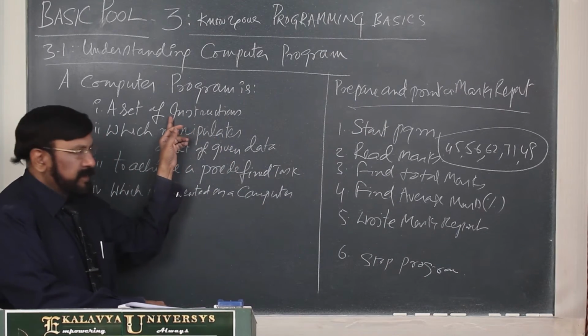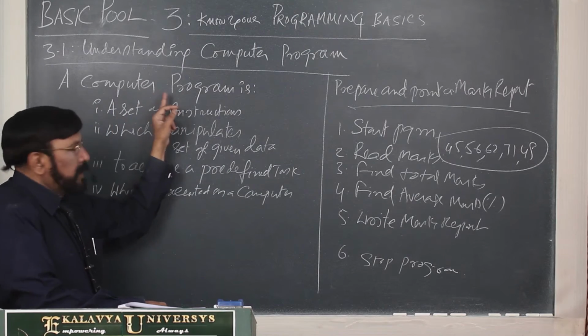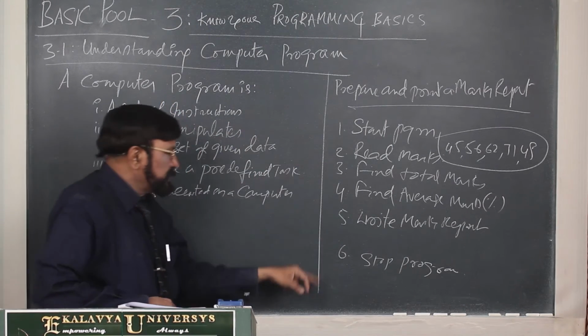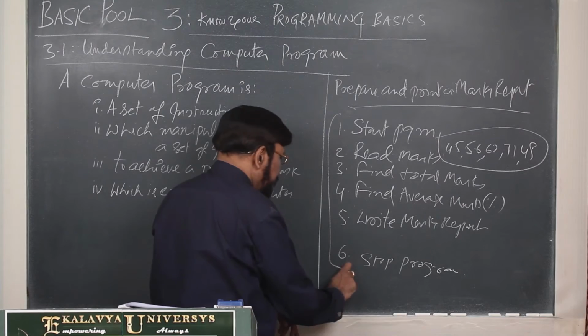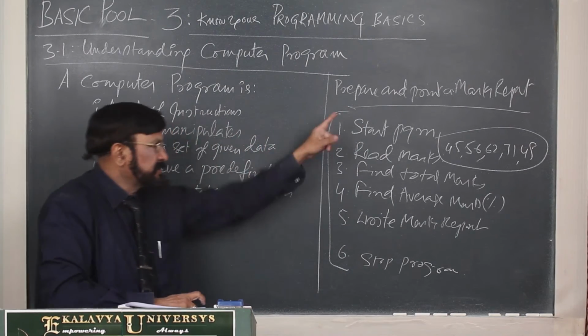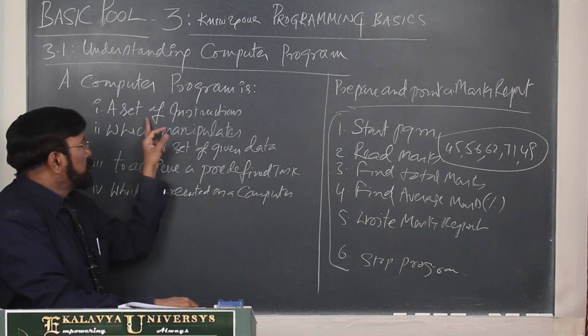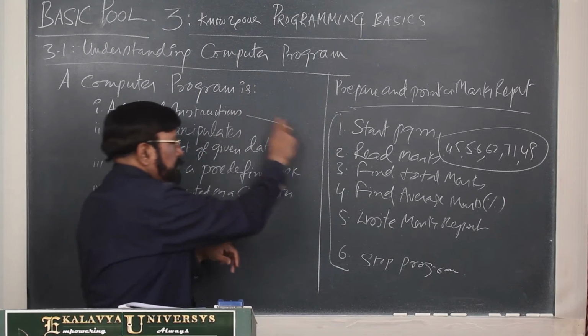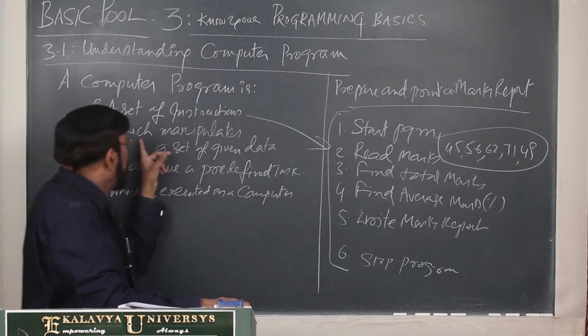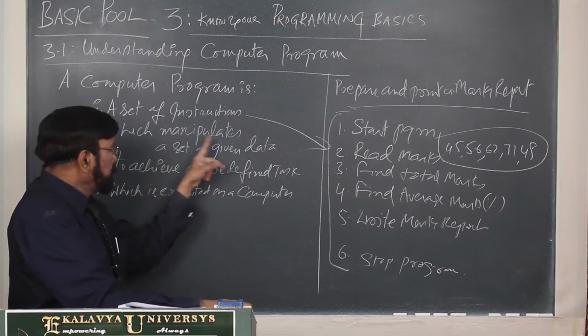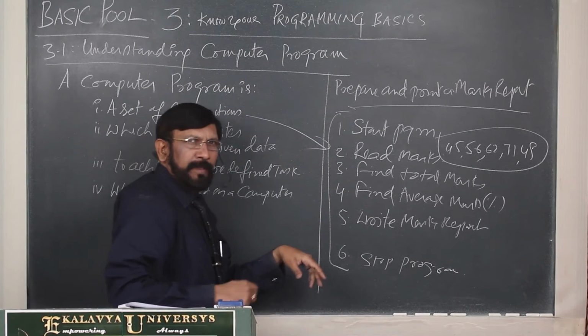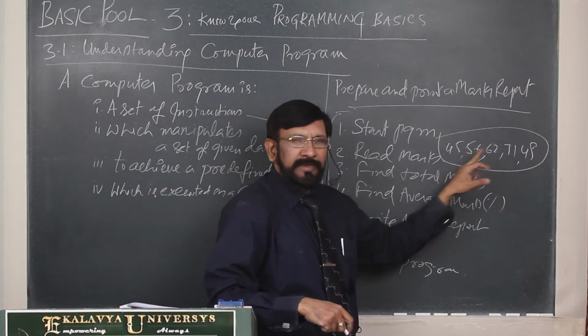Now let us analyze the steps again. And a computer program is set of instructions. How many instructions are there? There are 6 instructions here. Okay, so set of instructions, 6 instructions, which manipulates a set of given data. What is the data here? These are the marks.